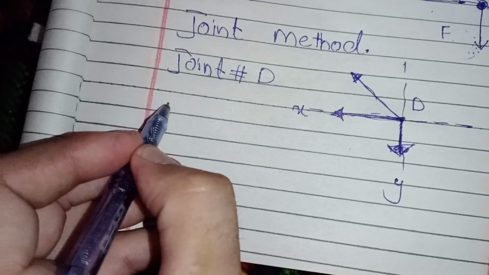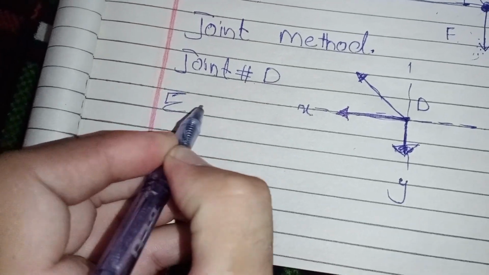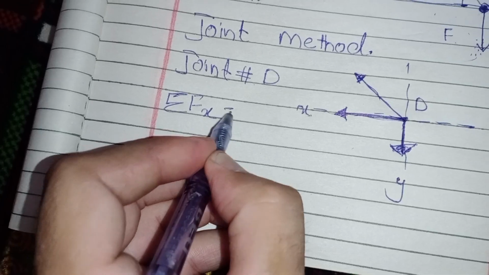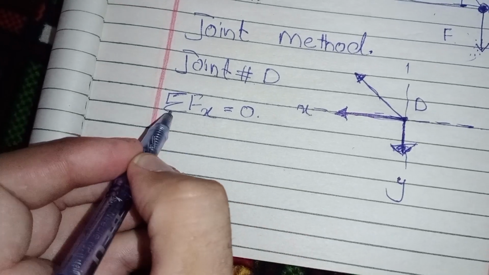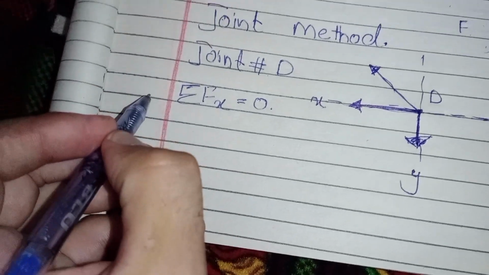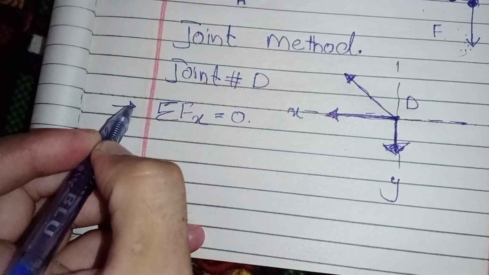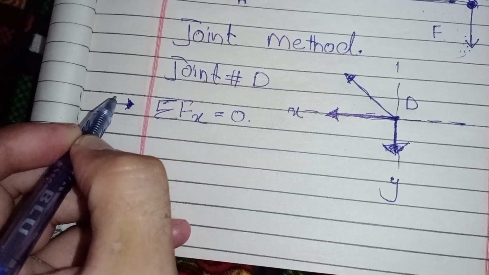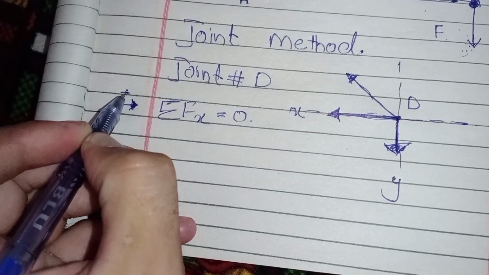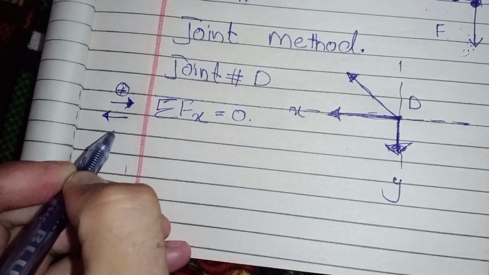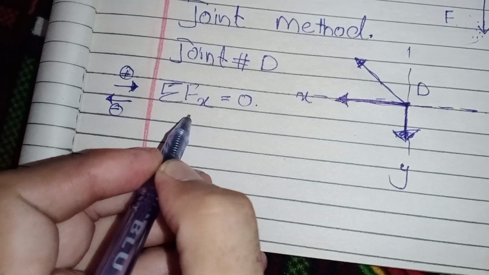Okay, so summation of Fx, all horizontal forces, equal to 0. You have to establish this equation. The force directed toward right I will take positive, and the force directed toward left I will take negative.